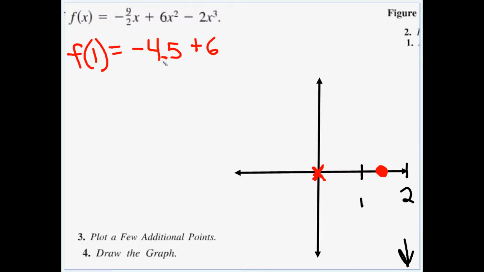So that takes us to positive 1.5. 6 minus 4 1/2 is 1.5, and then we subtract 2 times 1 cubed, that would just be 2. 1 half minus 2, negative 1 half. So if we go over to 1, we're down here about negative a half. Remember, we bounce here at that one. Okay, this does make really good sense here.